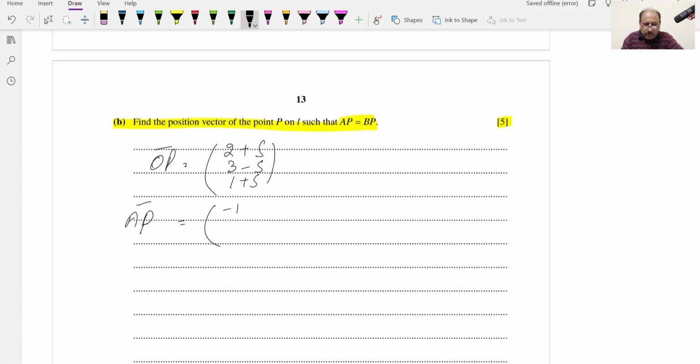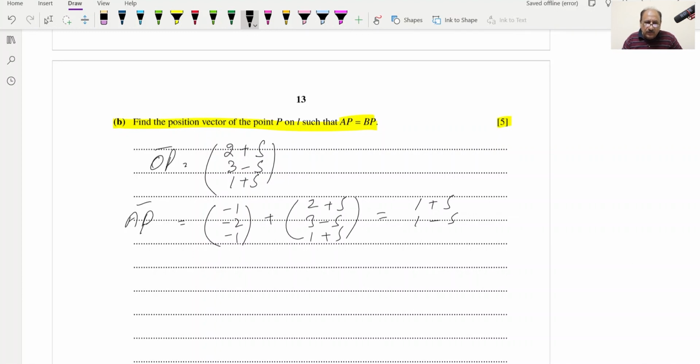A is (-1, -2, -1), and P we can write from here, so plus this will be (2 + s, 3 - s, 1 + s). We can add these two: -1 + 2 will be 1, so 1 + s, and 1 - s.